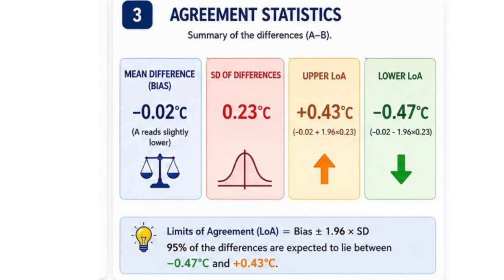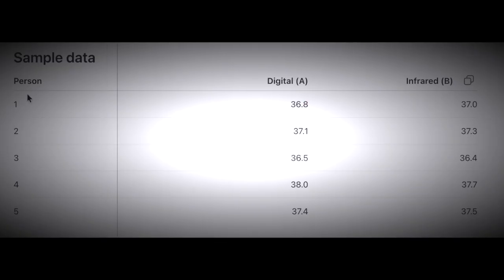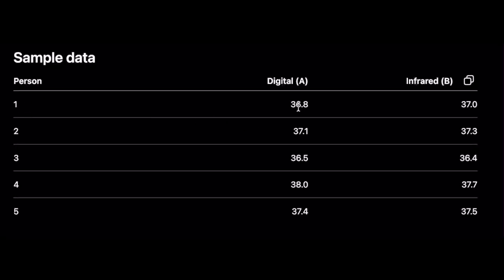To determine whether there is agreement, you have, say, the measurement of 100 patients taken using both methods in immediate succession, and then you record these as pairs on a spreadsheet. In the Bland-Altman plot, the new method can be set as method 1 and the current method that you're comparing it to as method 2.